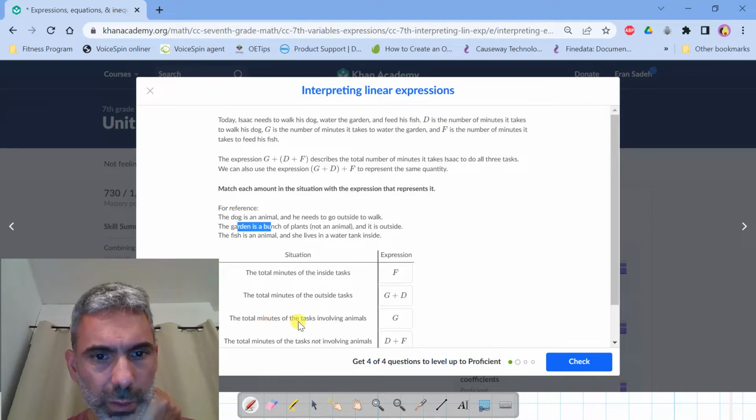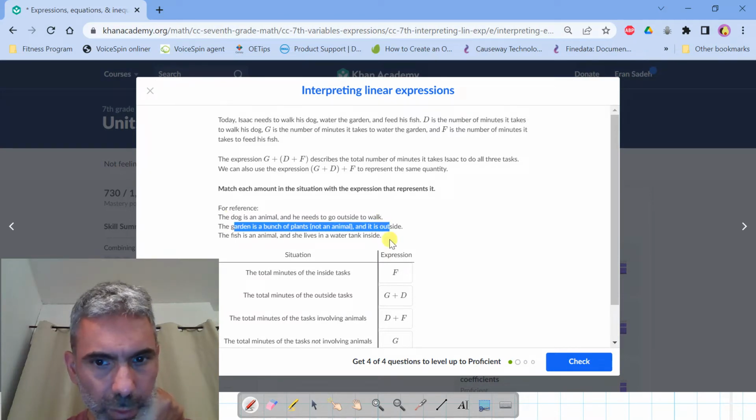The total minutes of tasks involving animals. Okay, so we have animals, which are a fish and a dog. So D and F is the total minutes of tasks involving animals, and the total minutes of tasks not involving animals, which is the garden. It's the only one that is not an animal, so the garden is G. Okay.